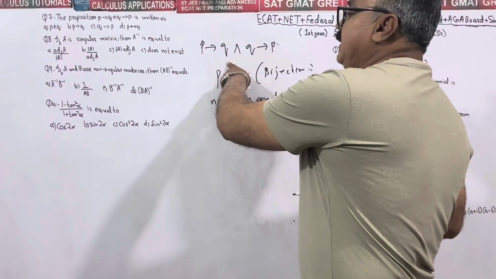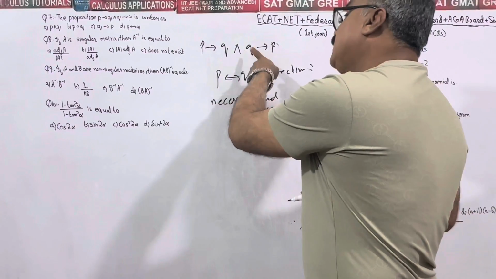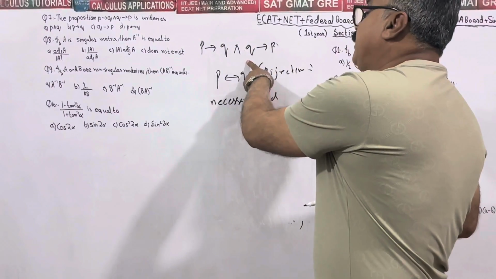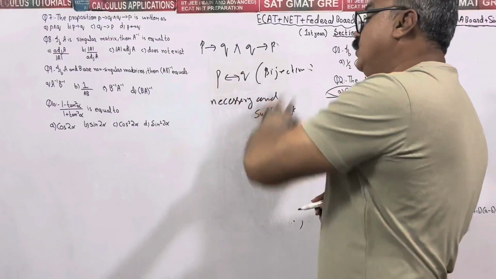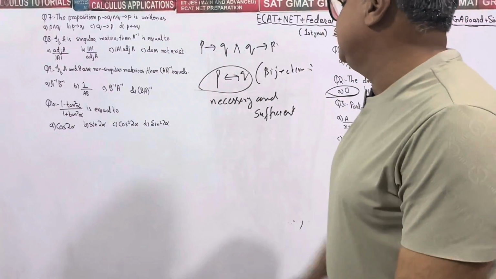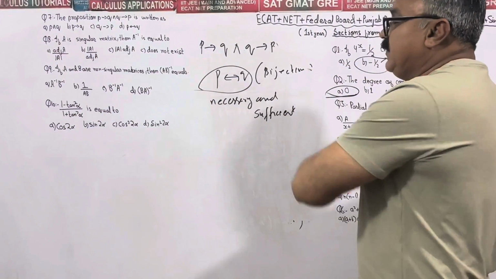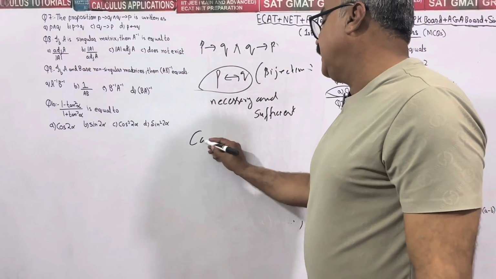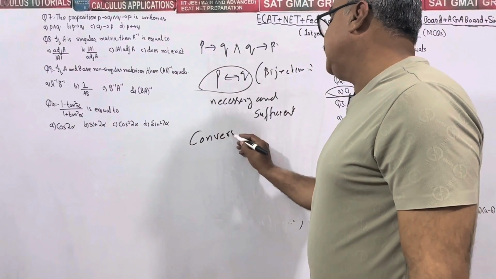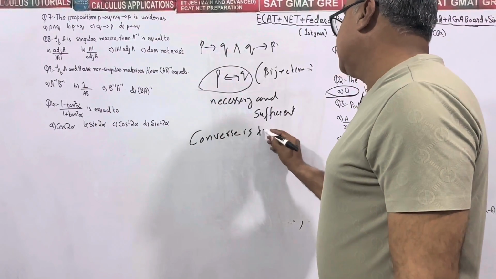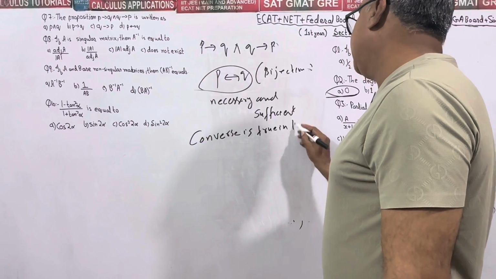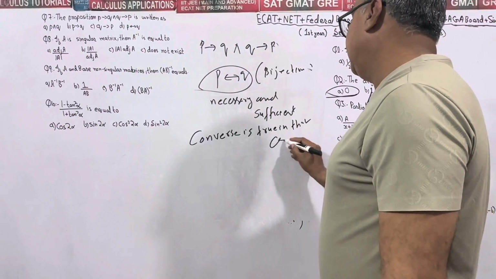If P then Q is true, and Q then P is also true, then it is known as a bijection, or necessary and sufficient condition, or, more accurately and mathematically, the converse is true in that case.